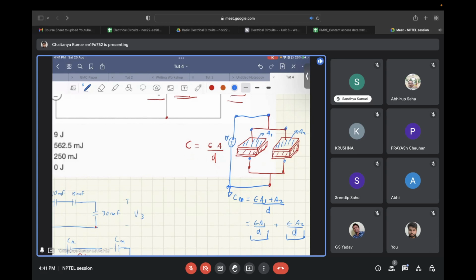So whether you consider it as two different capacitors, or as a complete capacitor of value epsilon (A1 plus A2) by D, the voltage you are applying across it is the same.